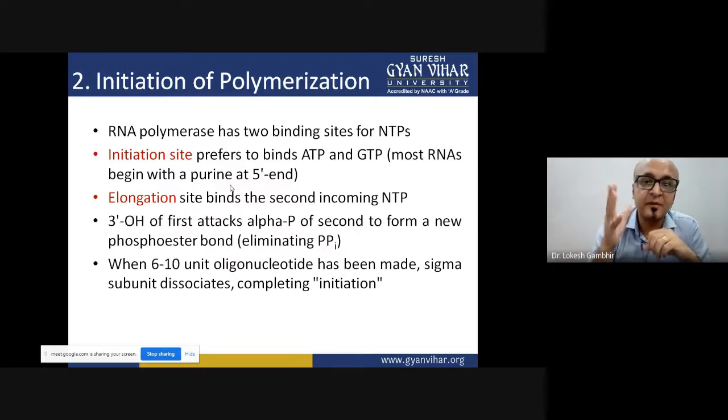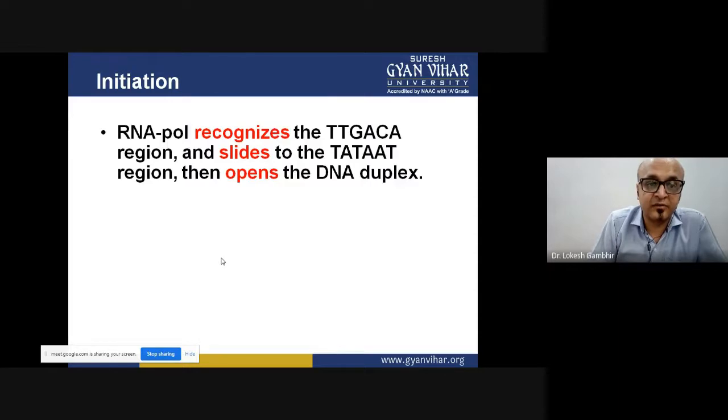The first base that it adds is preferably a purine, whether it is ATP or GTP, and most of the time it is GTP. Once the first GTP molecule, the guanine nucleotide, is added, its 3' OH will be used for forming the phosphodiester bond, and the chain will continue. This is how the complete initiation process starts.